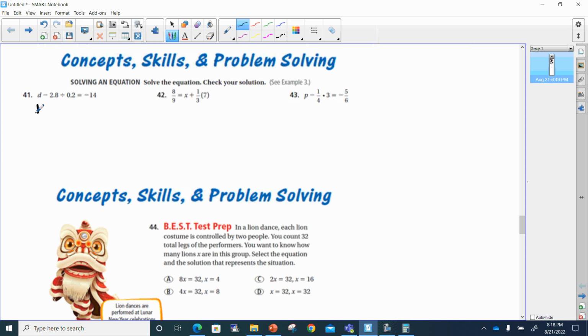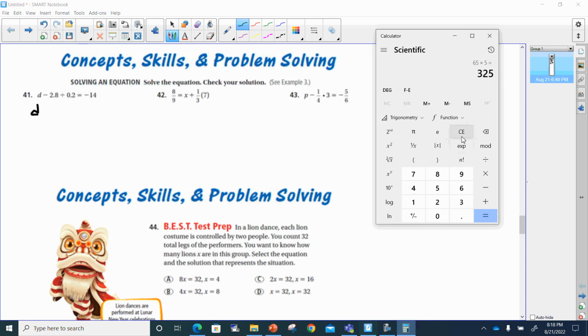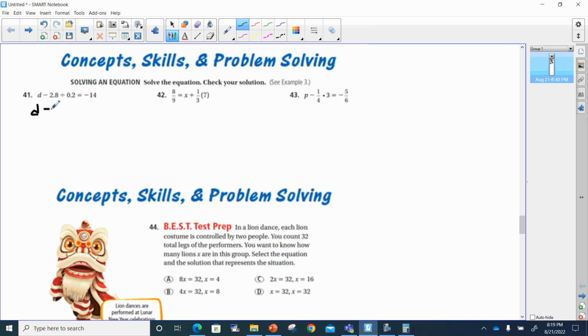We got D. And now remember, we got to do PEMDAS first on each side until we can't do it anymore. Then we'll work it in reverse. So we're going to have negative 2.8 divided by 0.2. I think that's going to be something like 14. Let me double check here. We've got 2.8. We're dividing that by 0.2. Yep, 14. So negative divided by positive will give us a negative 14.